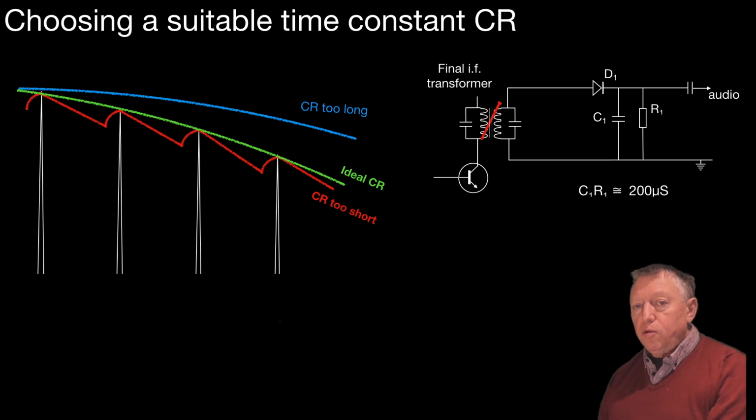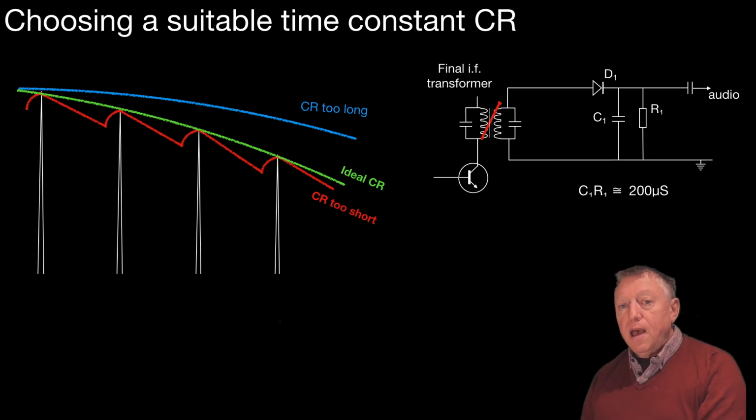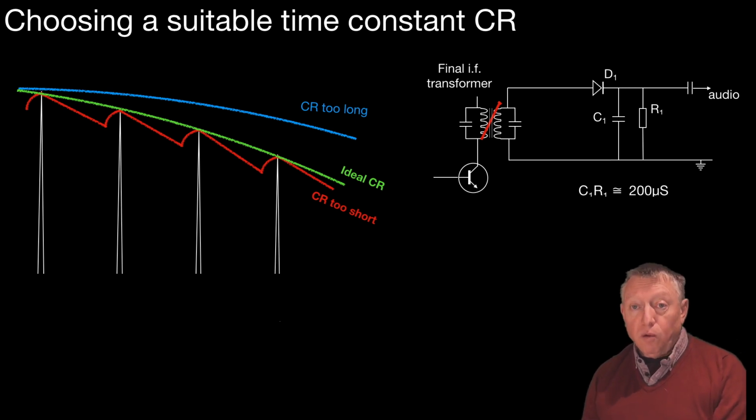Now, we don't have to worry too much about the time constant, and in fact you don't have to worry about this at all for the exam, but it's simply to illustrate the functioning of the amplitude modulated detector, the diode detector. And we don't have to worry too much about the time constant, because we just have to get it so that it's suitable for the audio, but shunts, if you like, or filters the IF.